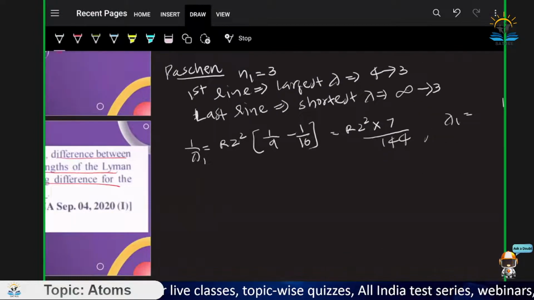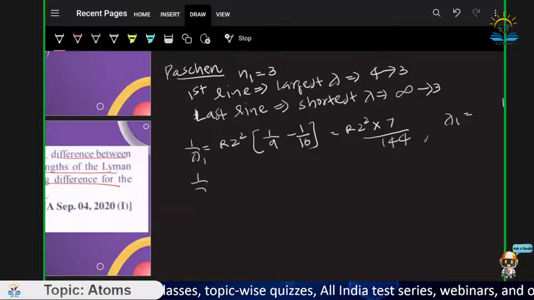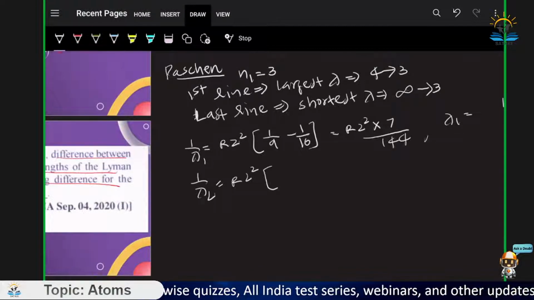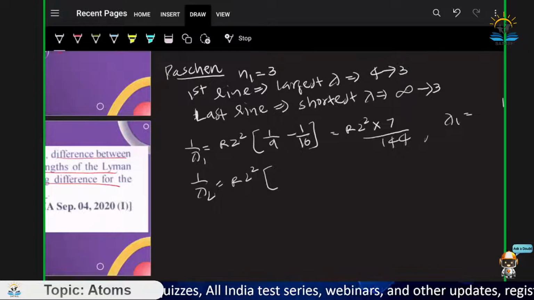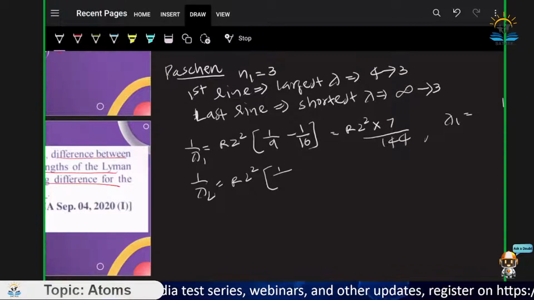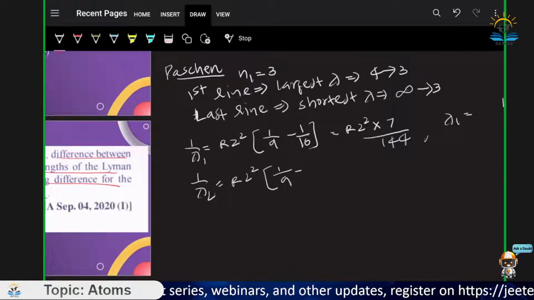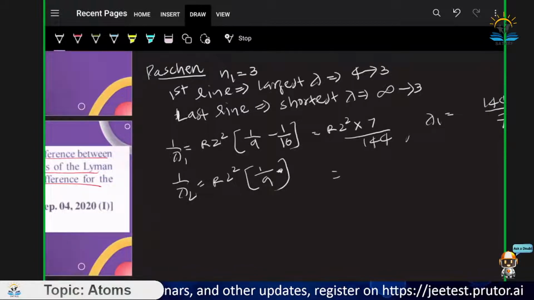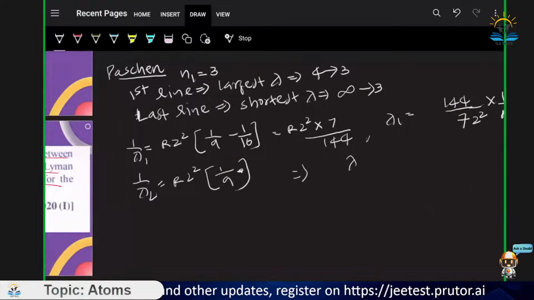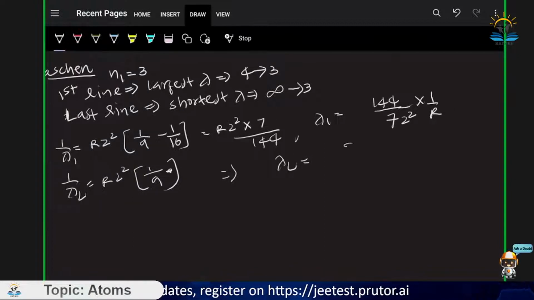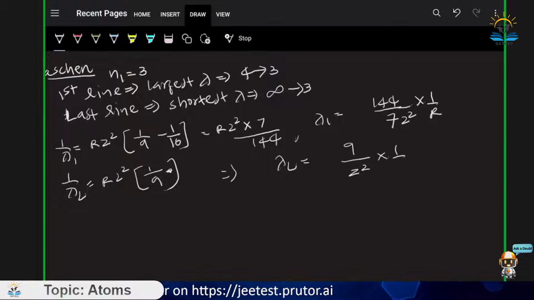And for the last line, 1 by lambda L equals R z square into 1 by 9 minus 1 by infinity square, which is 0. This is for hydrogen atoms, so z is equal to 1. So 1 by 9. From this, lambda L will be 9 by z square into 1 by R.